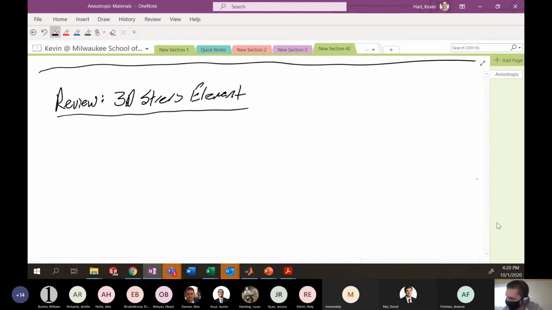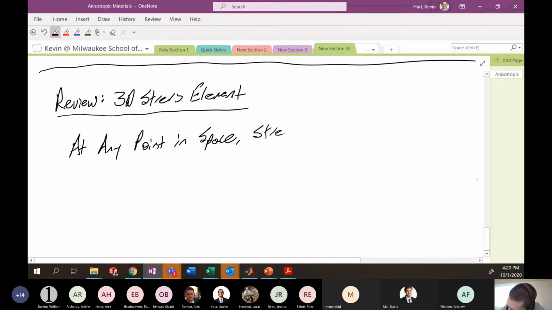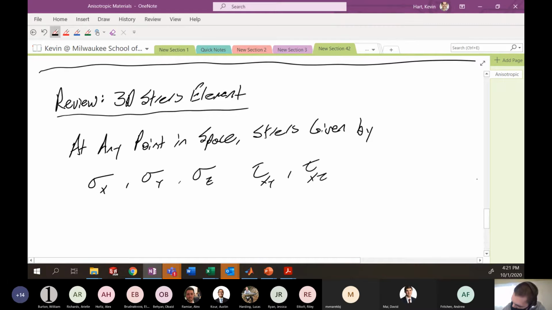All right. Review your 3D stress element. So at any point in space, stress is given by things like stress in the x direction, sigma y, z, tau x, y, shear stresses, tau x, z, tau yz, tau y, tau x, and tau zx.